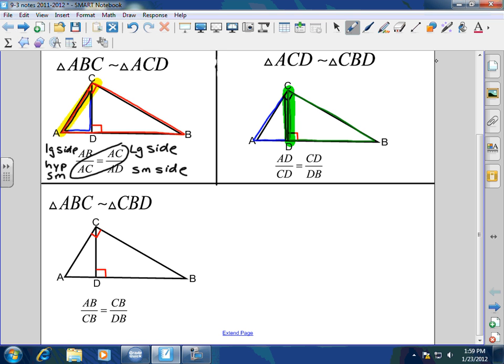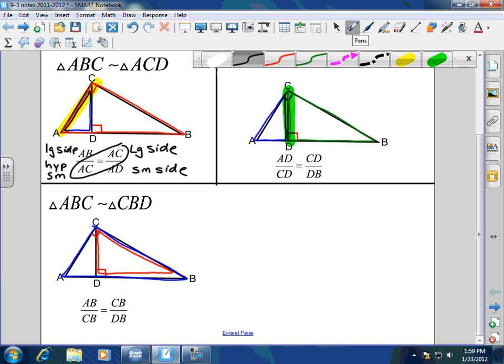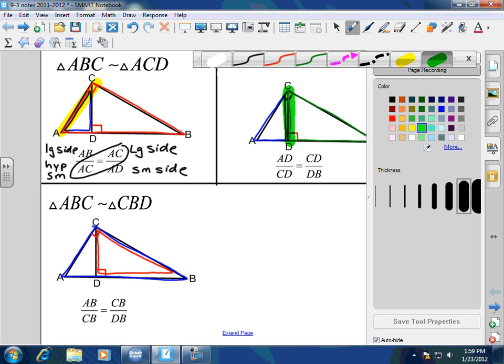Okay. And last but not least, ABC, whole big triangle in blue, to CBD, which is this red triangle that I am poorly outlining. I'm sorry. What is the shared side here? CB is correct.